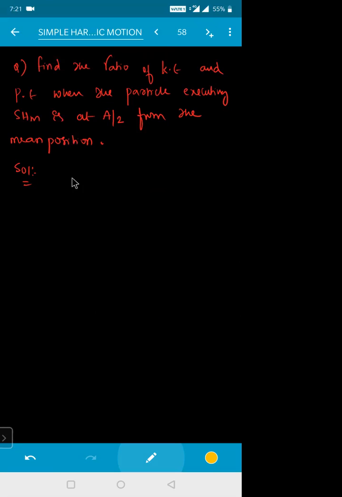What is the kinetic energy formula? Kinetic energy is equal to half m v square, no?